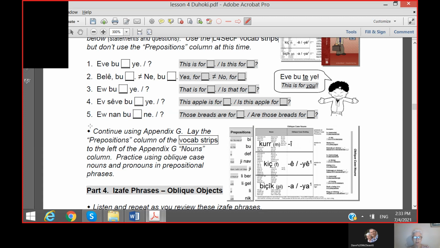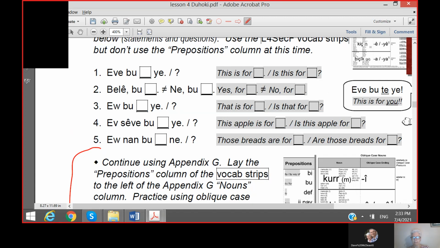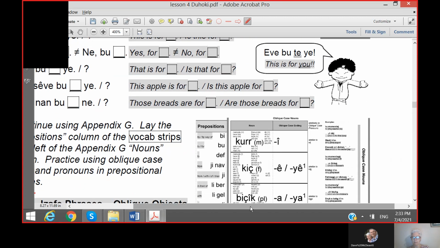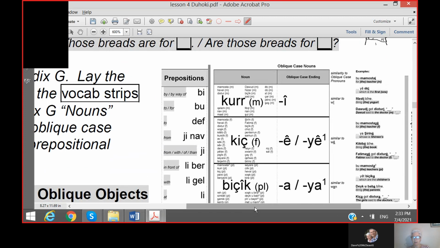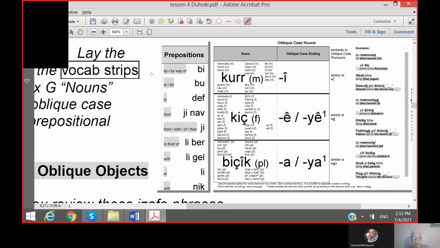After you do that, continue using Appendix G. This time, lay the prepositions column of your vocabulary strips to the left of Appendix G nouns. And this time you can use these prepositions and go straight across. So for example, let me make this bigger. Let's see, I'm going to say by taxi.